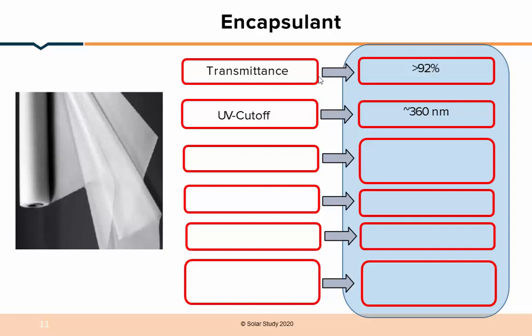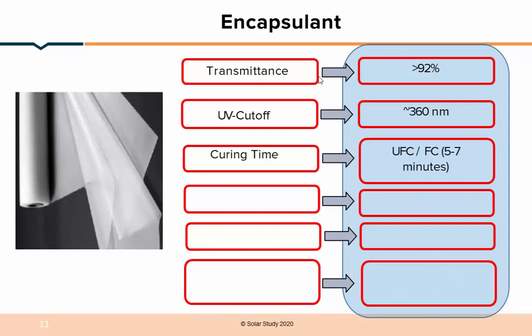Only this much wavelength should be coming to the solar cell, because if I get higher wavelength solar radiation, it may damage my solar cell. So we have to prevent some UV light. So we need some UV cutoff in that encapsulant.